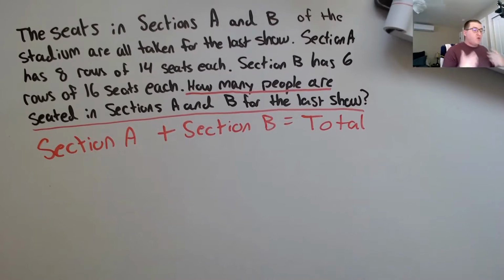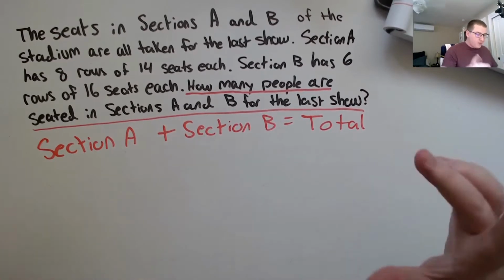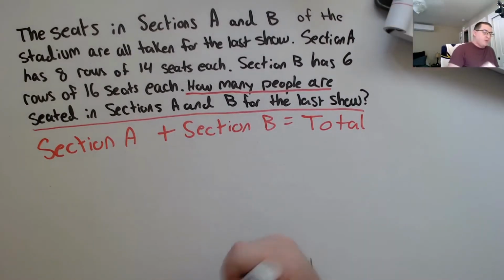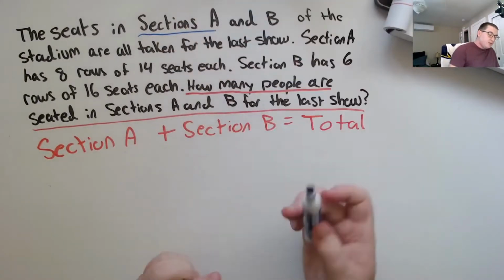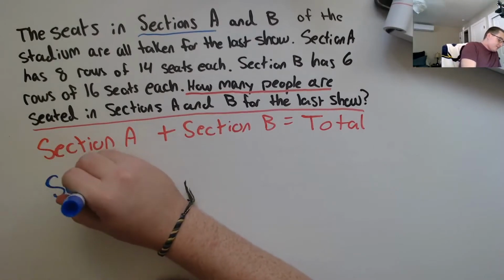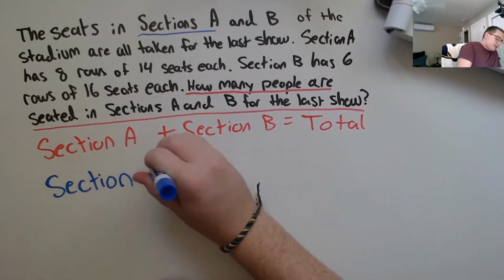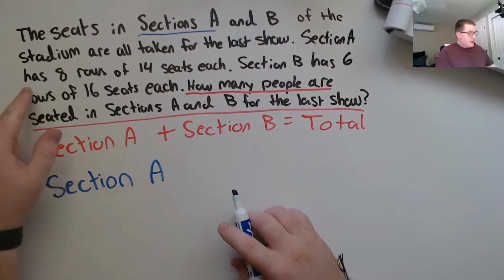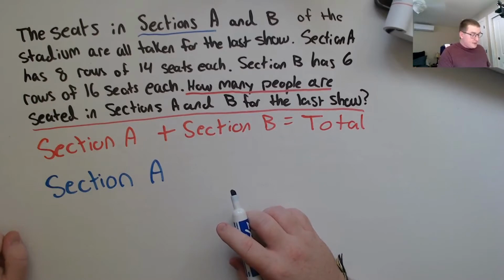Now we have to figure out what we know. What do we know from this word problem? Well, let's make section A blue. So what do we know about section A? Section A has 8 rows of 14 seats each.